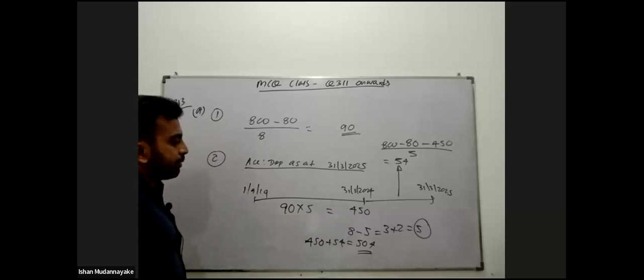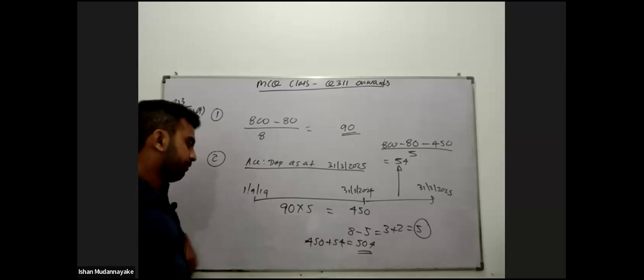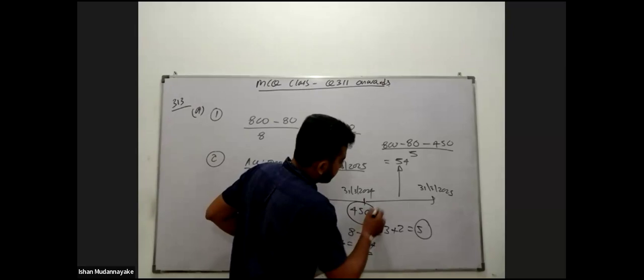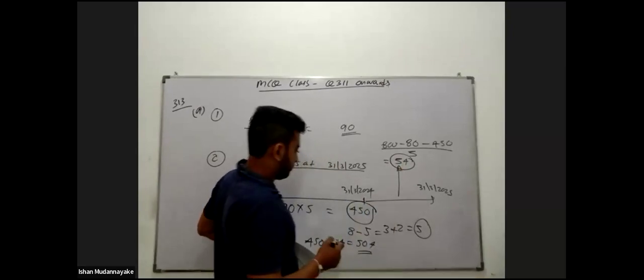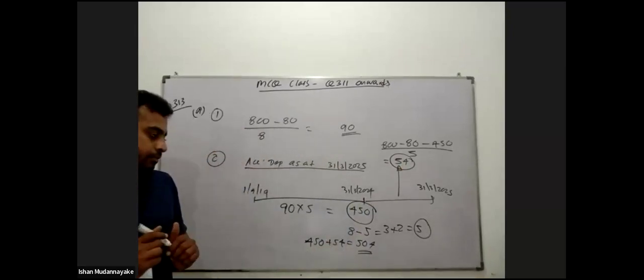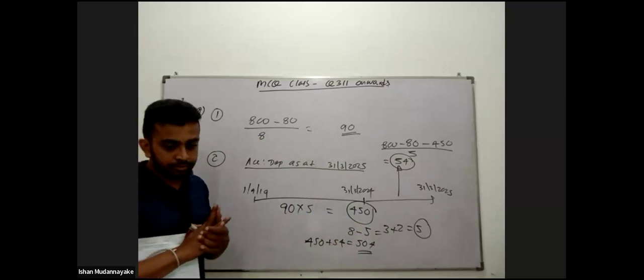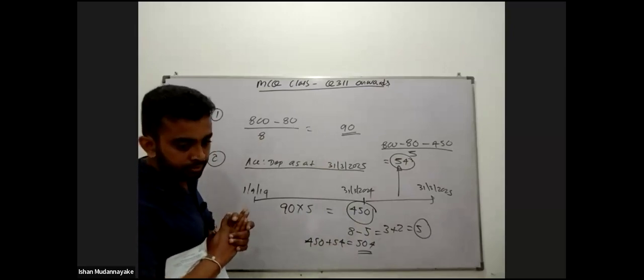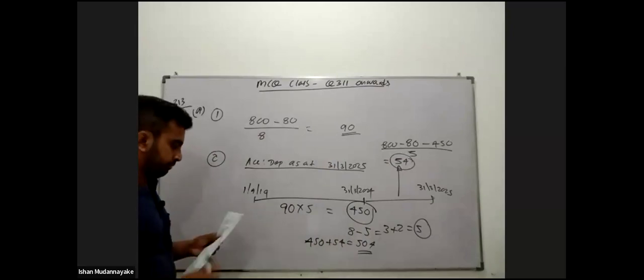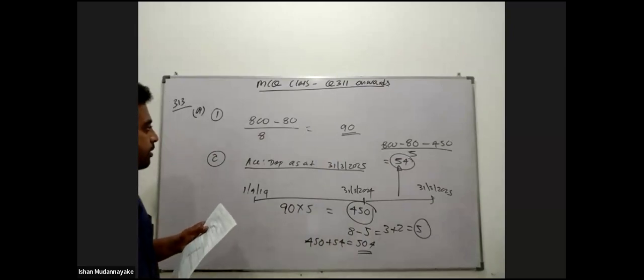Accumulated depreciation as of 31st March 25 is 504. Only clear? Also clear? Yes, sir. Kapilash is clear.